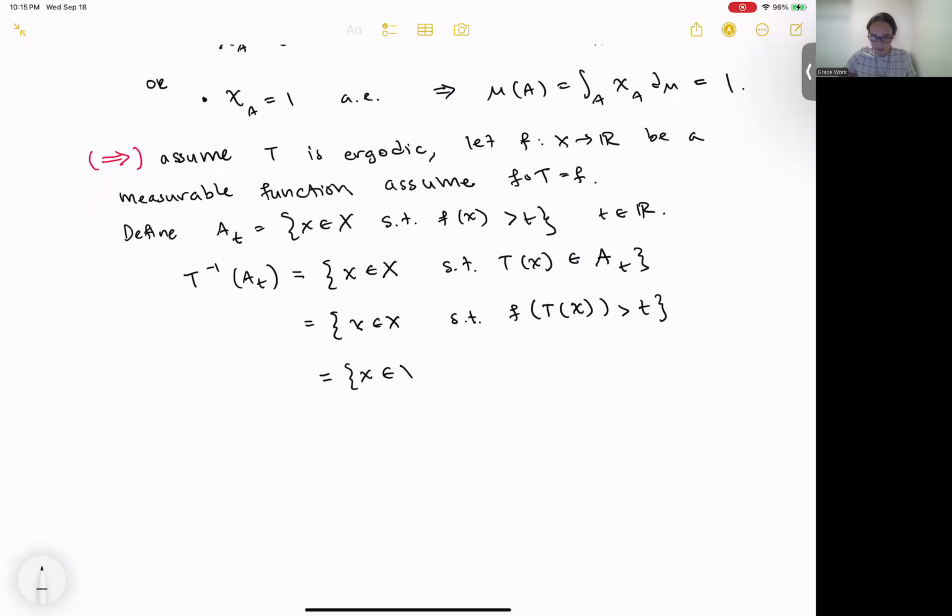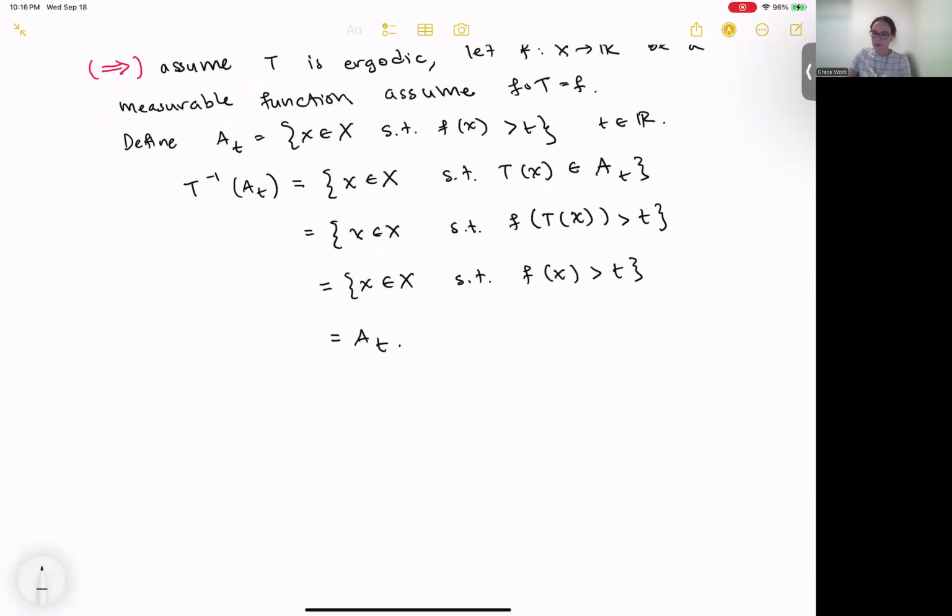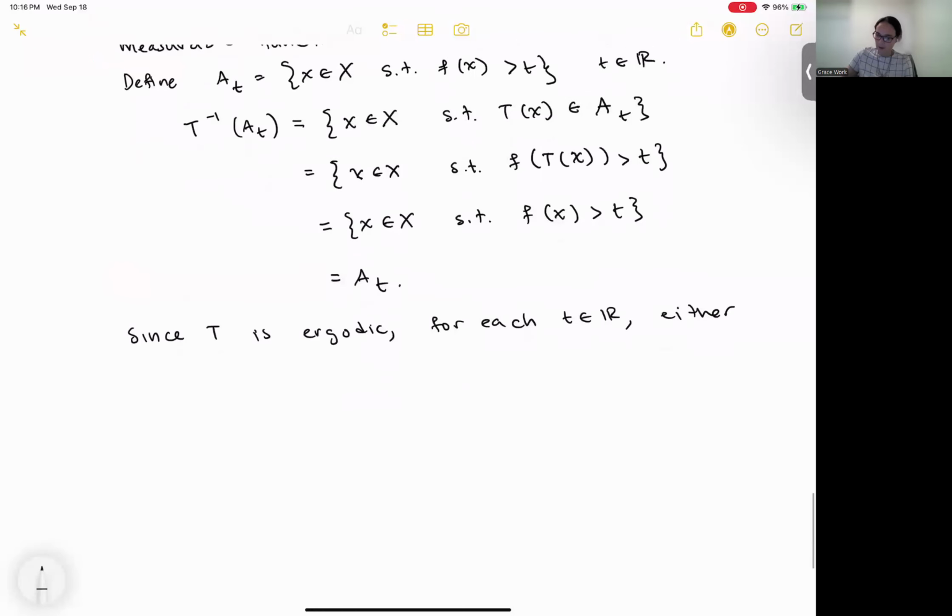So this is all x in X such that f of x is greater than t. And this is just our definition of our level set. So we have shown that these level sets, A sub t, are invariant. Therefore, since T is ergodic, for each t in R, either the measure of the level set is equal to 0, or the measure of the level set is equal to 1.